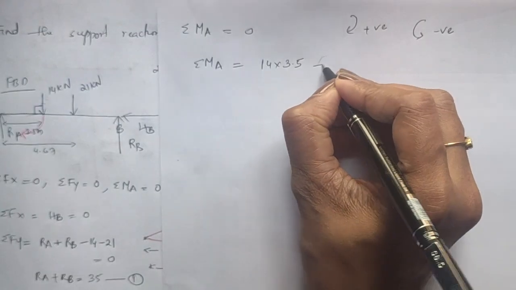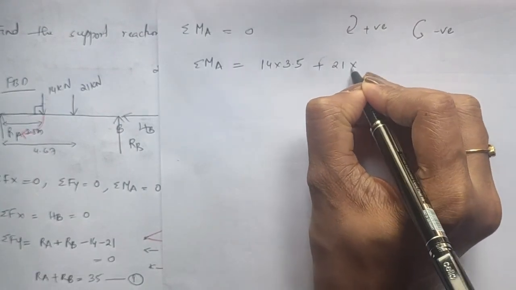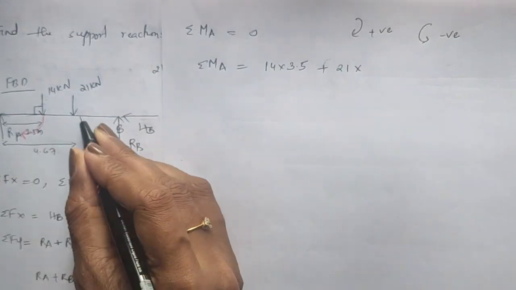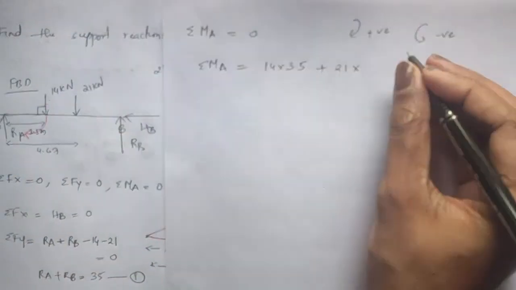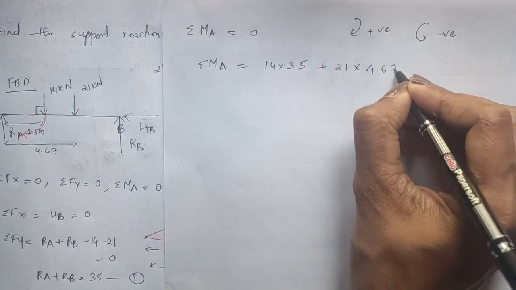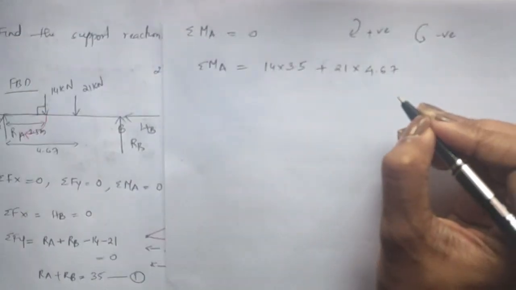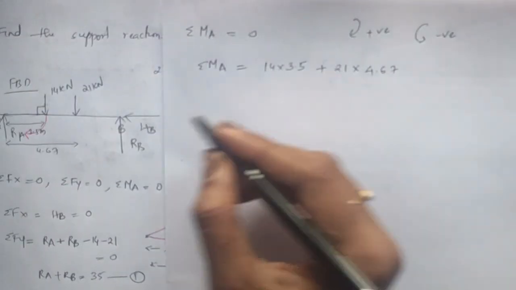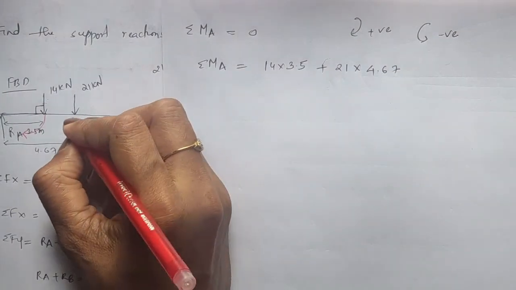Similarly, if you take 21, that is also plus 21 into the total distance between 21 and A, that is 4.67. Again, that is clockwise.